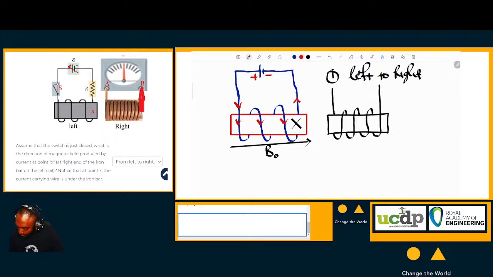And this is your A, and this is your B. If you want to try, what will be the direction of your magnetic field induced in the coil on the right? So I've drawn the coil on the right there. What will be the direction of the induced magnetic field in that coil?